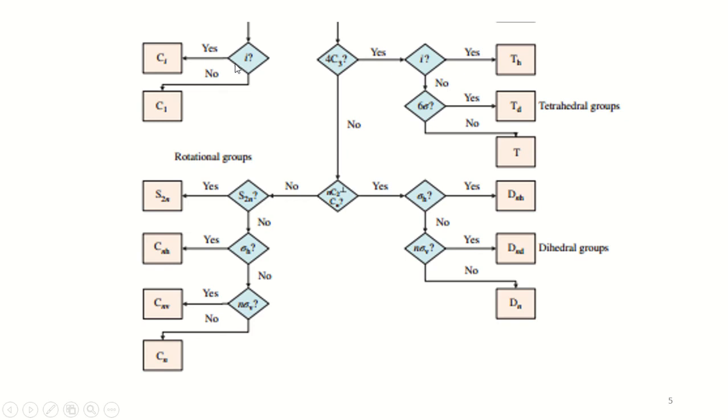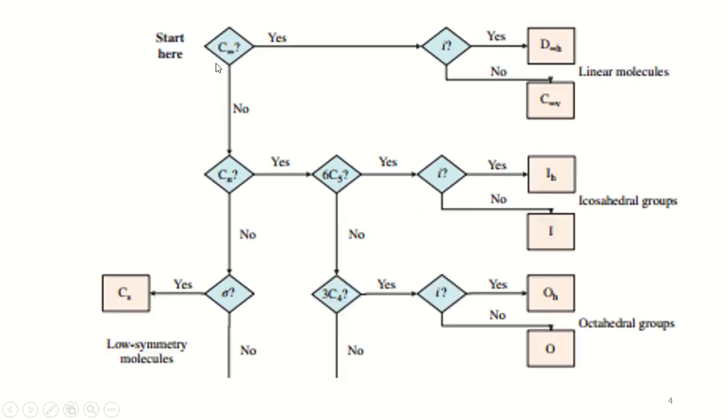These are low symmetry molecules. The third one is, if only identity and a mirror plane exist, then the point group should be Cs.